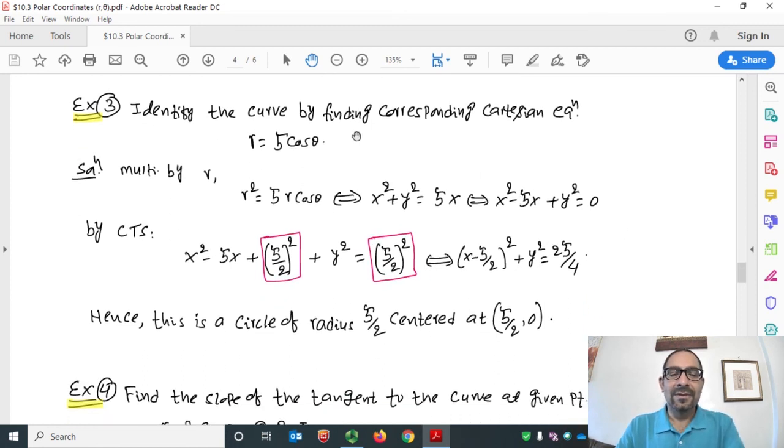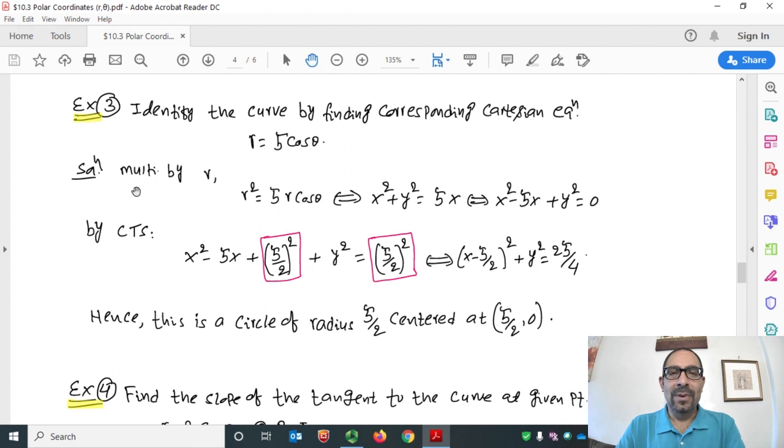Identify the curve by finding the corresponding Cartesian equation. So the given polar equation is r equals 5 cosine theta. Now let's write this polar equation as a Cartesian equation. Solution. We know in polar coordinates x squared plus y squared equals r squared, the conversion formula.